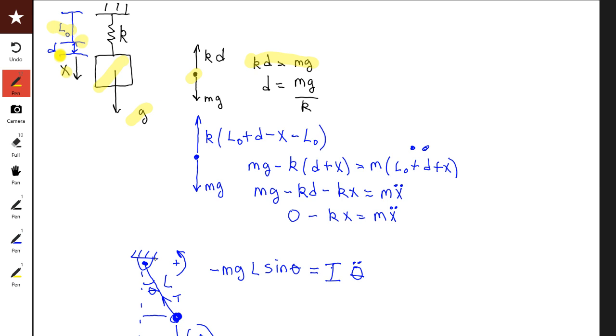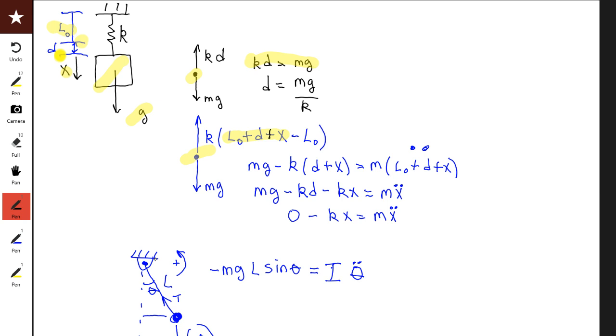Then over here in the blue, I'm drawing a free body diagram of when it is moving. And so I use the same steps that I've always done for the spring. And so this term right here is the total length of the spring, and I don't know why, but this should be an x right here. So the spring is L0 plus d plus x.